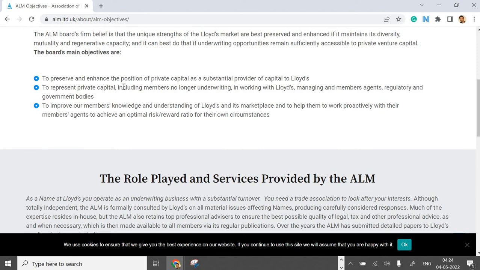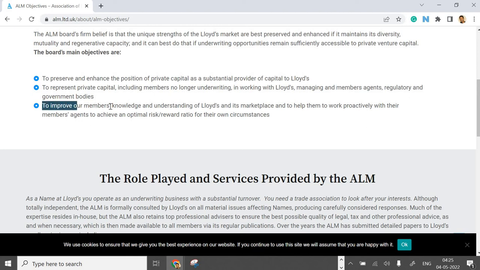Their next objective is to represent private capital, including members no longer underwriting, those who are not actively participating in underwriting, in working with Lloyd's managing and members' agents. Managing agents manage the Lloyd's syndicates, and members' agents advise the capital providers on where to invest their money in the market, and also with regulatory and government bodies.